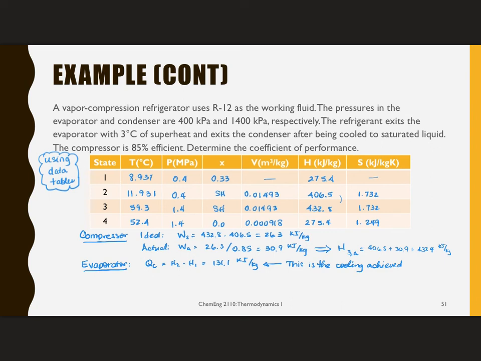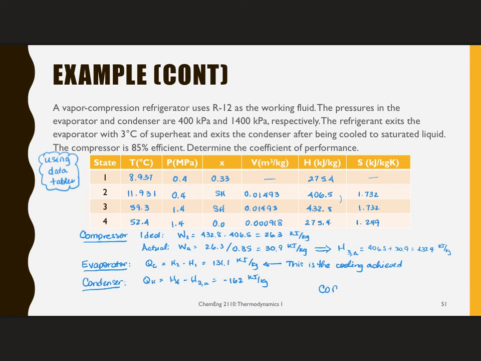Okay, if we look at our condenser, it is H4 minus H3 actual, which is going to be negative 162 kilojoules per kilogram of heat lost by the cycle.